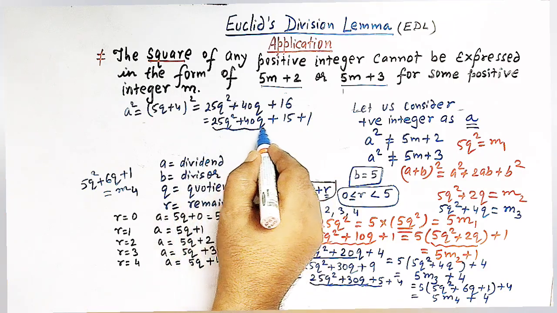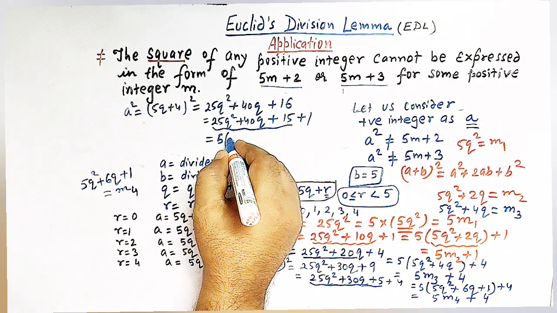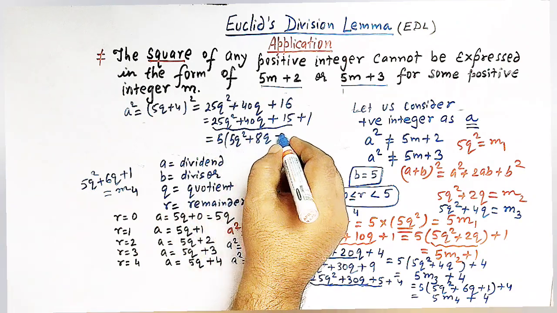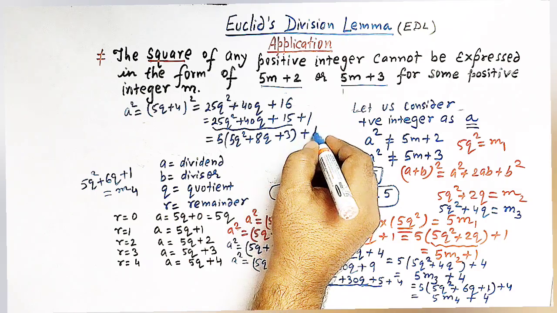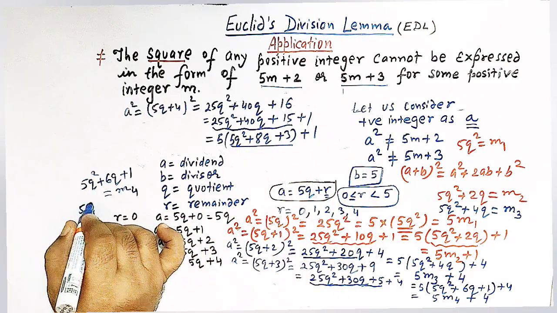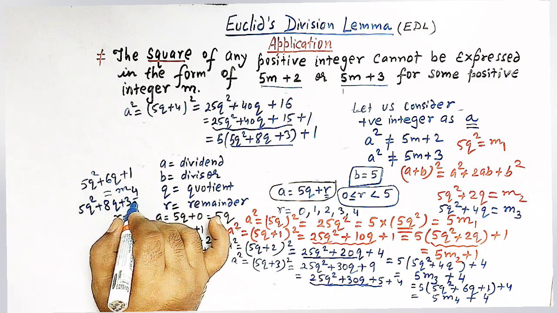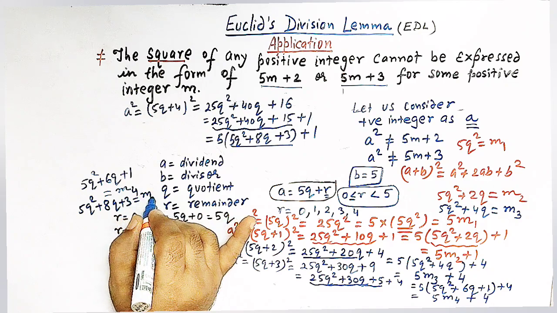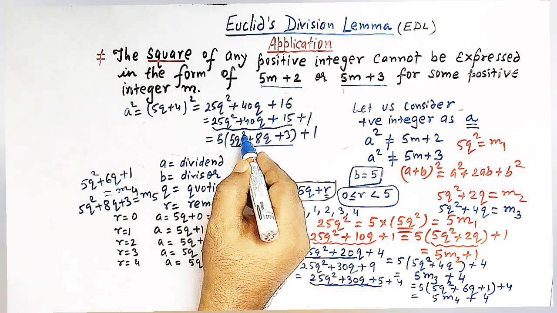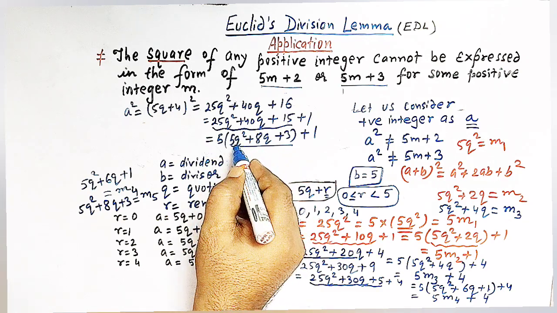Now we can combine these three terms. Taking 5 common, we have 5 times (5q square plus 8q plus 3), and here we have 1. Now denoting this term, that is 5q square plus 8q plus 3, by some other integer, let us take it as m5, because q square is a positive integer, 5 is an integer, and the product is an integer.